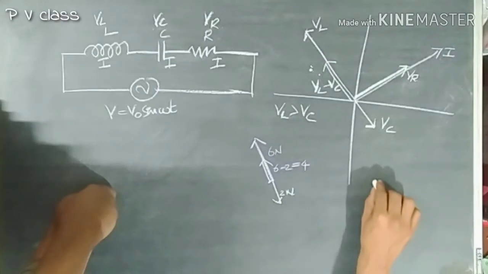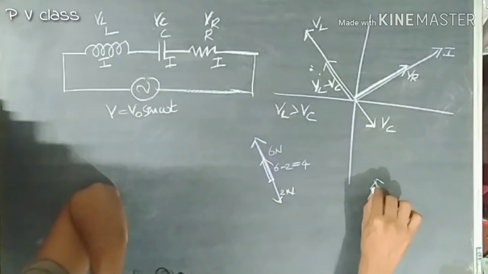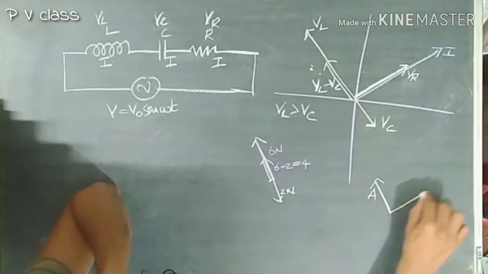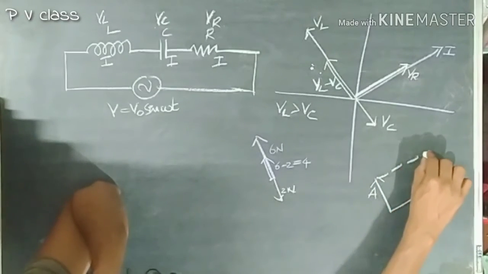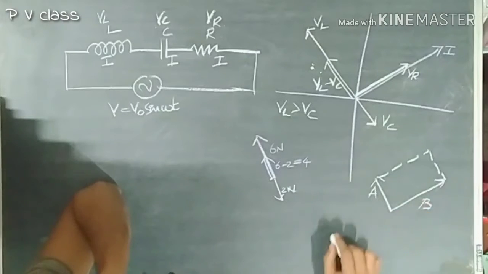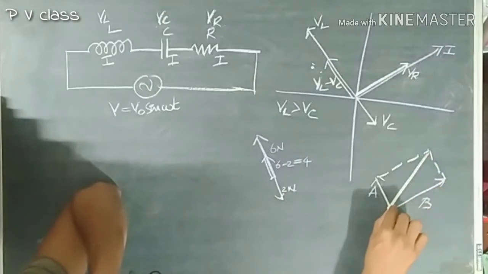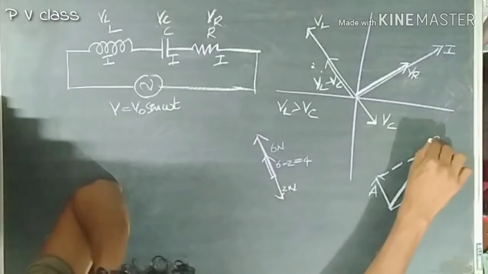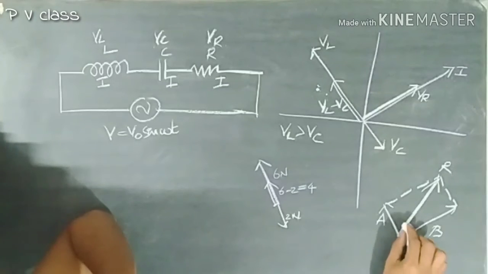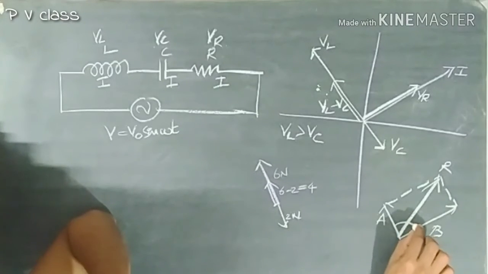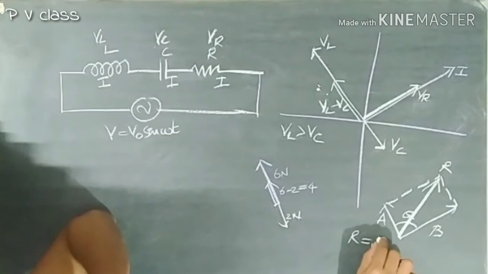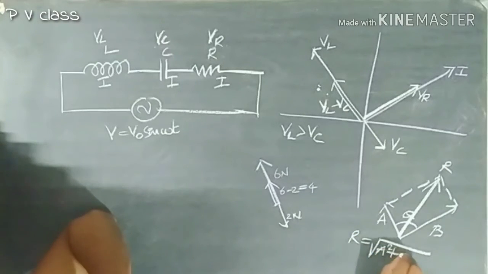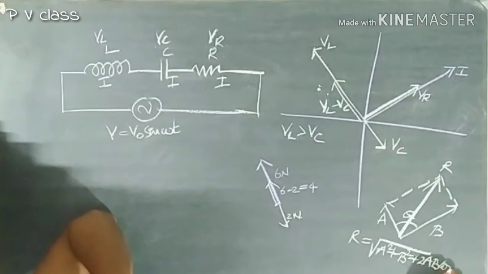For that also, if there is a vector A like this, and if there is a vector B like this, according to our parallelogram law of vector addition, we could construct a parallelogram like this, and this should be the resultant. We have learned it in our plus one sessions. And if this angle is theta, the resultant's formula will be root of a square plus b square plus 2ab cos theta.